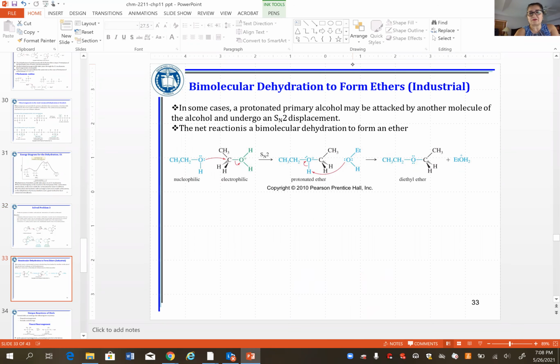Instead of bringing a small base, you bring a very bulky base, like potassium tert-butoxide. When you have a bulky base, then the hydrogen is going to be removed from the least substituted carbon. And if it's removed from the least substituted carbon, it is going to give you the Hofmann product.